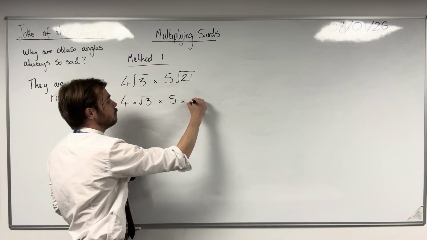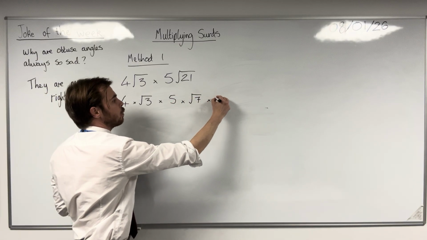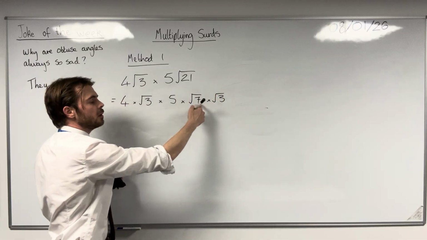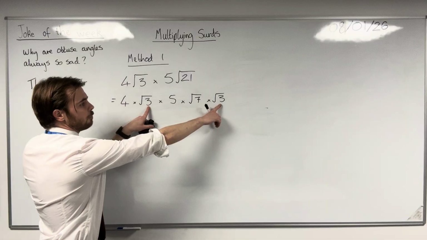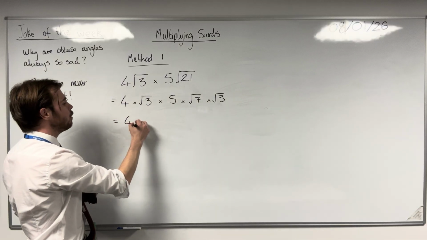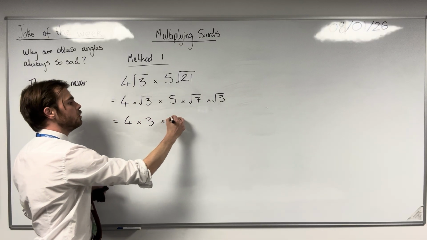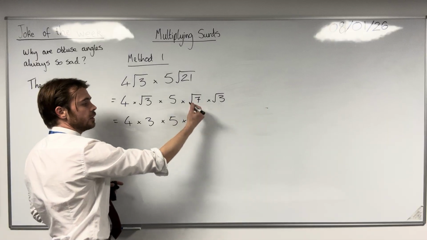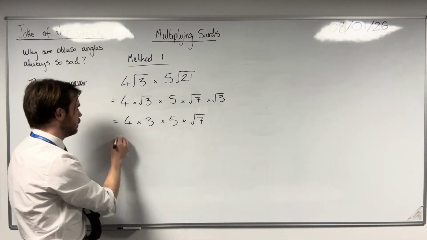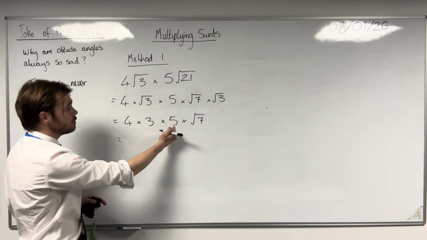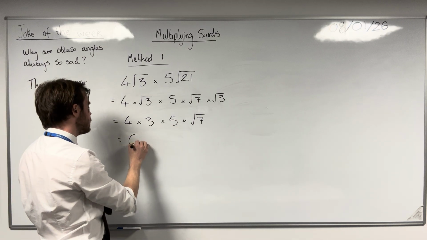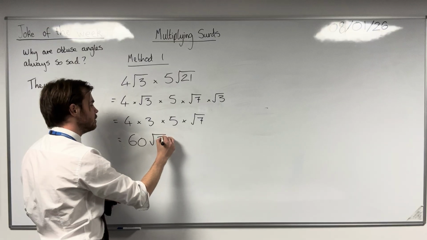So we've got the square root of 7 and the square root of 3, because 21 can be written as 7 multiplied by 3. We've got our matching pair of 3. So I've got 4 times a normal 3 times a normal 5, and the only surd that's left is the square root of 7. You do the normal multiplication: 4 times 3 is 12, times the 5 equals 60 root 7.